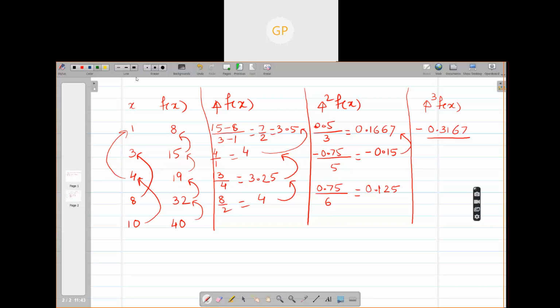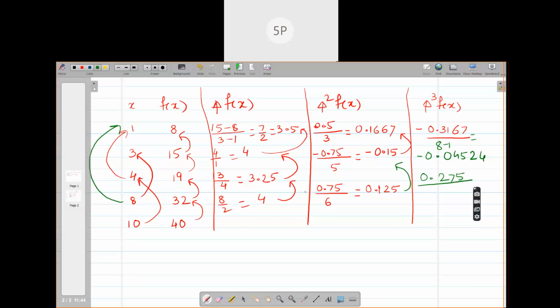I'm using a different color now. This is 8 minus 1, which is 7. So this will be divided by 7, which is minus 0.0452. Next one, this minus this, 0.125 minus minus 0.15 becomes plus, so 0.275.